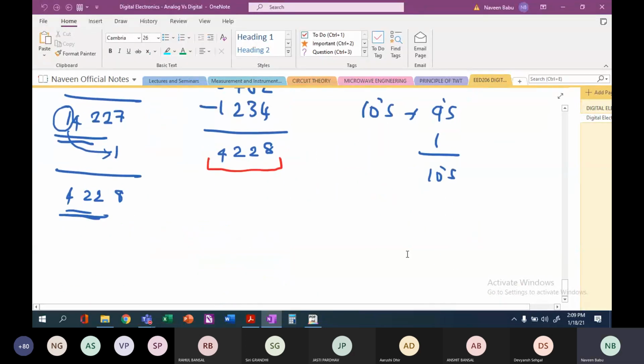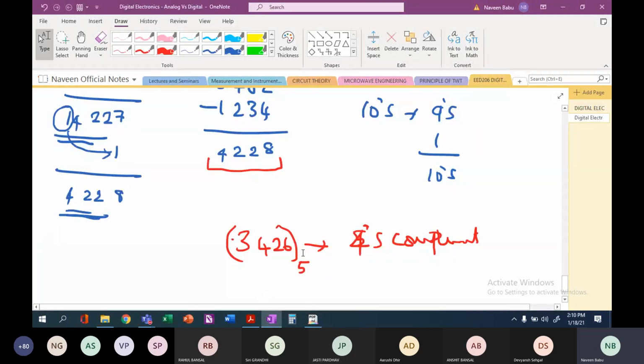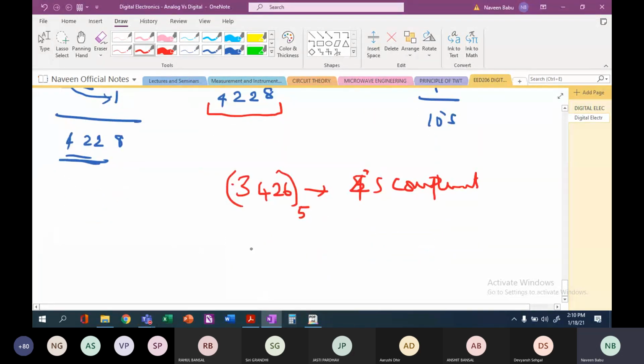Okay. So say for example, we have 3, 4, 2, 6. We have to take 5's complement, we have to take 4's complement. Why 4's complement is because this 3, 4, 2, 6 is to the base 5. If that is the case, all you need to do is subtract from, first take 4's complement, which is 4, 4, 4, 4.